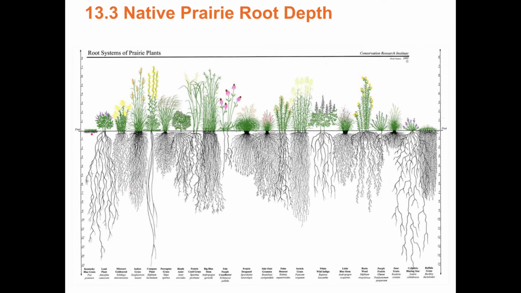Yeah, Kentucky bluegrass with its shallow, embarrassing roots right there, as opposed to leadplant, compass plant, cylindric blazing star. Good job, cylindric blazing star. So no-till agriculture, choosing native plants over introduced plants, both of those can assist in maintaining or increasing soil health.